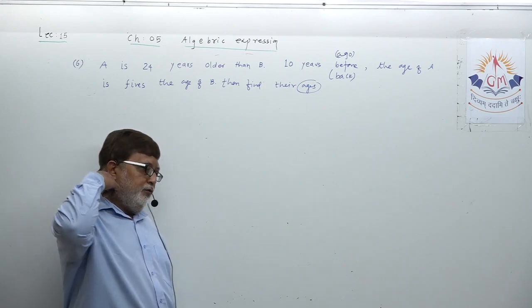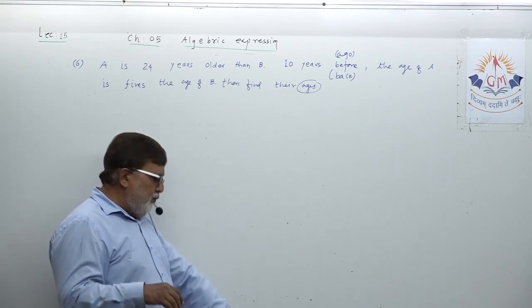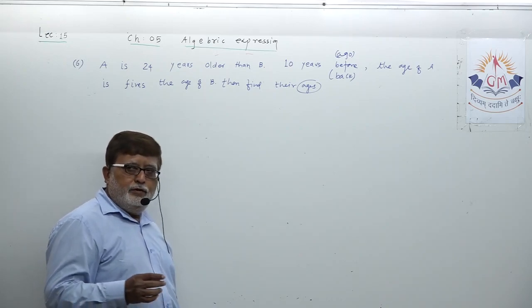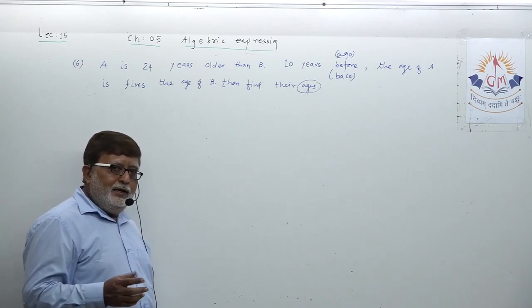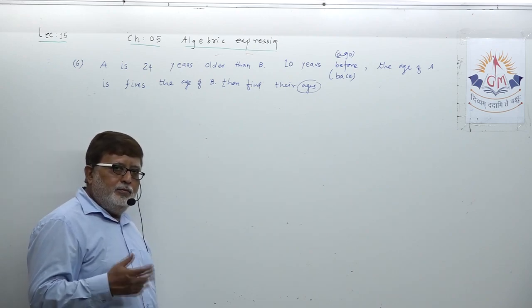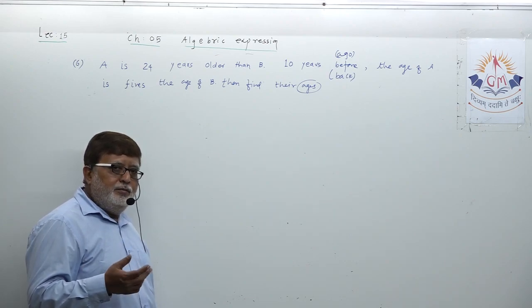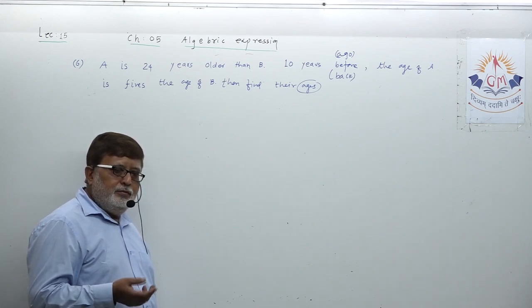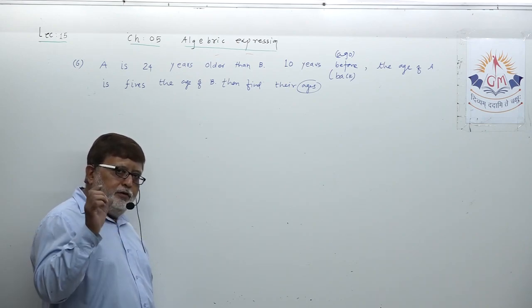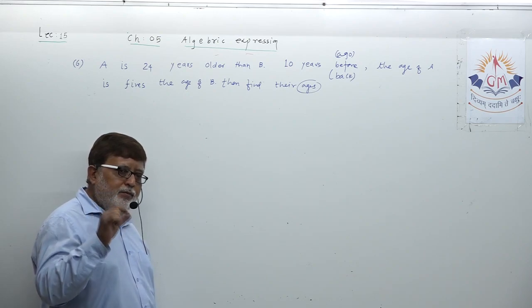Now see, be watchful. At least here there is a talk of how many persons? 2 persons. One is A and one is B. I can manipulate the same sum by giving some name rather than A and B. That can be the twister in the sum. Now see, what is the relation between the age of A and B?